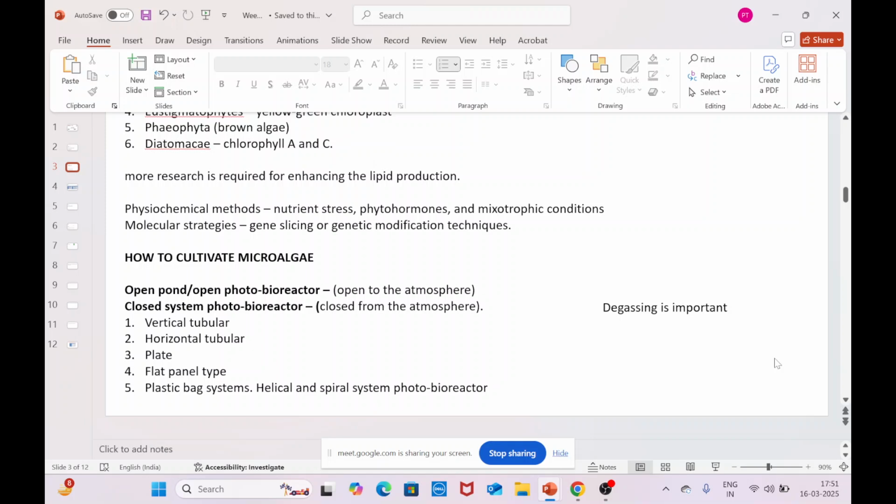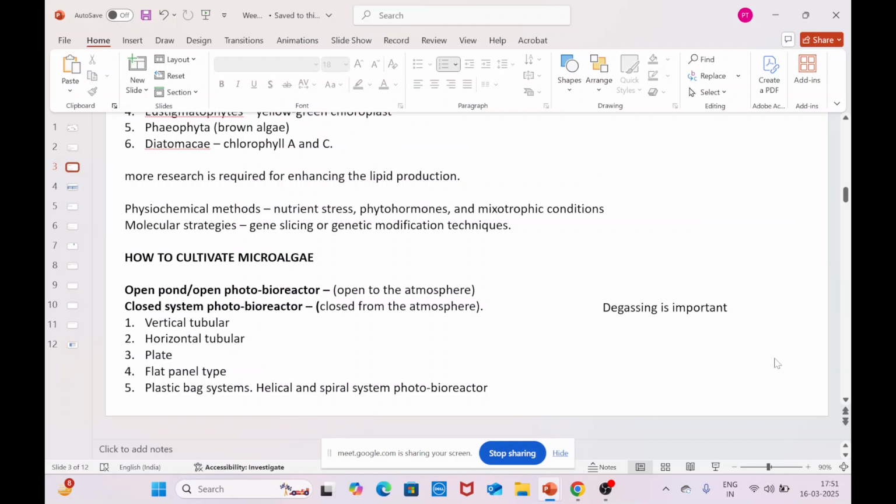So if you see this comparison, let's say I take open photobioreactors in one hand and closed system photobioreactors in another hand. As per your understanding, which one do you suggest will be more feasible for us, or more useful for the energy production process?